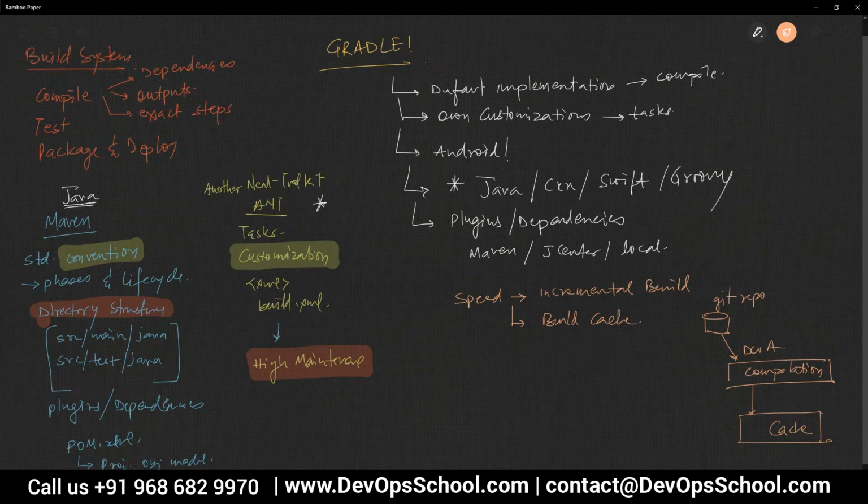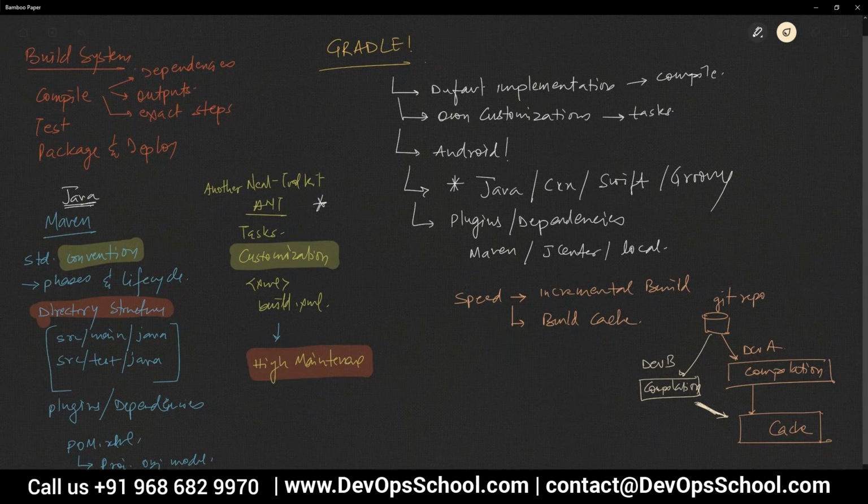Now, if the same code base is downloaded by developer B and performs compilation again, before performing the compilation, when Gradle compile or whatever command is given, Gradle will communicate with the build cache, and it will see whether any existing information about the files which are being compiled exists in the cache.